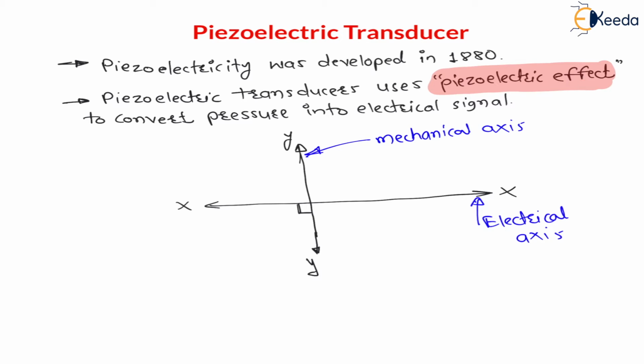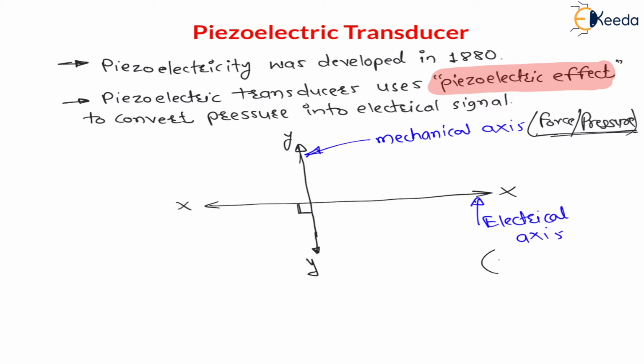Now here along the mechanical axis the force or pressure is applied. Force per unit area is nothing but pressure. And when force or pressure is applied along the mechanical axis, then an electric field is generated along the electrical axis.